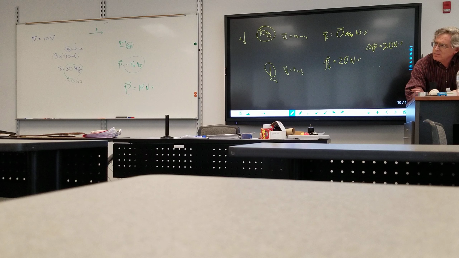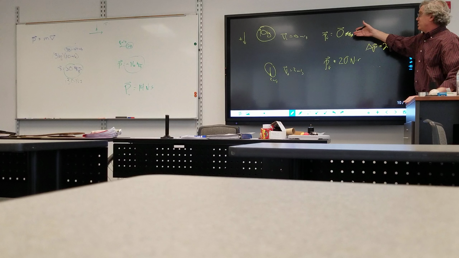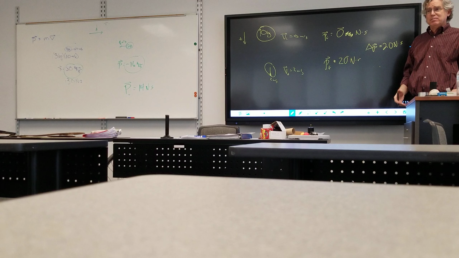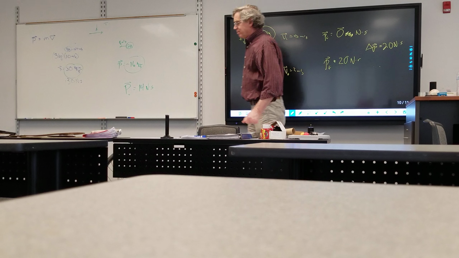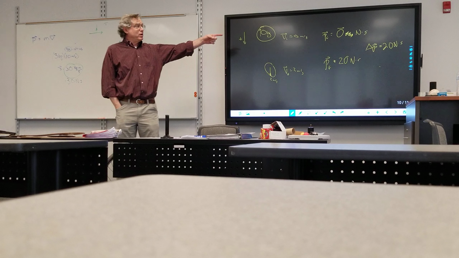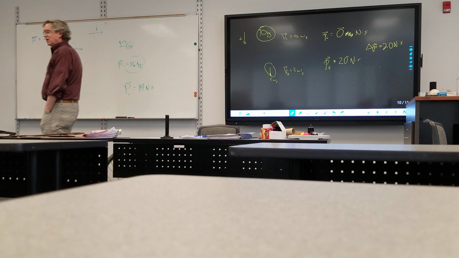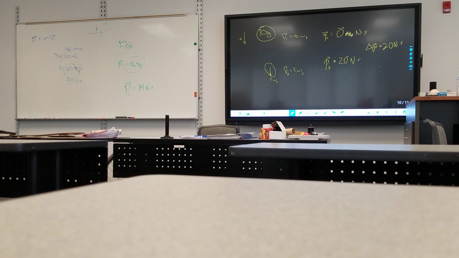If momentum is conserved, that means the total is the same at any point. In this case, we have the marker gaining 20 Newton seconds of momentum. So clearly, the amount of momentum initially and the amount of momentum finally is not the same. So how can we claim momentum is conserved when here's an example where it's not conserved? And by the way, momentum conservation is one of the fundamental principles of physics.